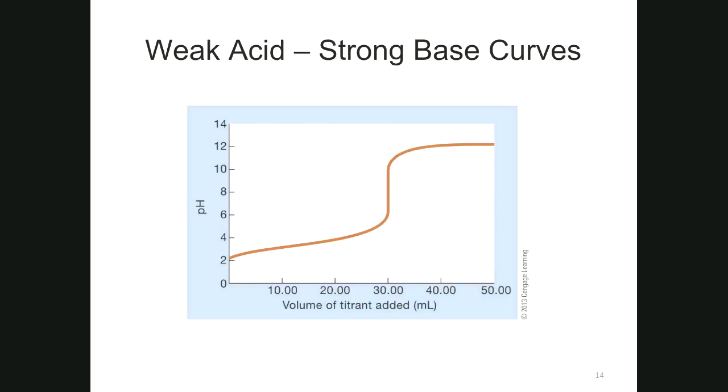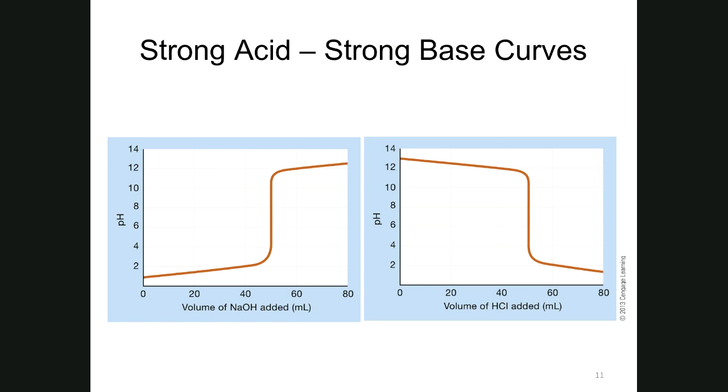And now we're going to look at what happens if we add a weak acid with a strong base. So let's take a look at this curve. We can see a couple of factors here. First of all, if we compare this curve with the strong acid, strong base curve, the pH there is very low, about 1.